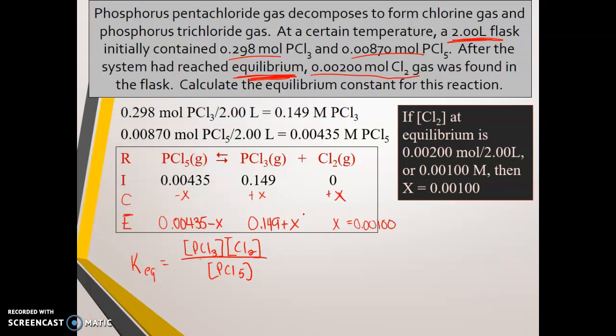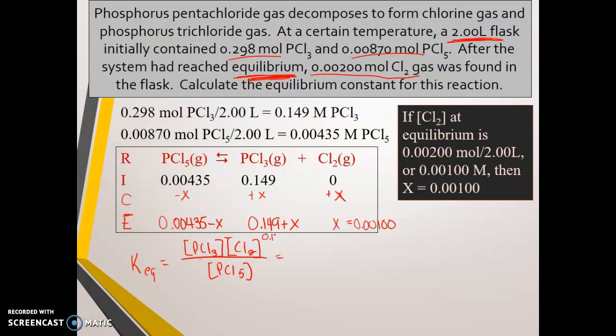So now, on the last problem, we had to solve for what x was, but notice we weren't given what our K value was in this. But because we know what x is, that means that we can also find the equilibrium concentrations for everything here.